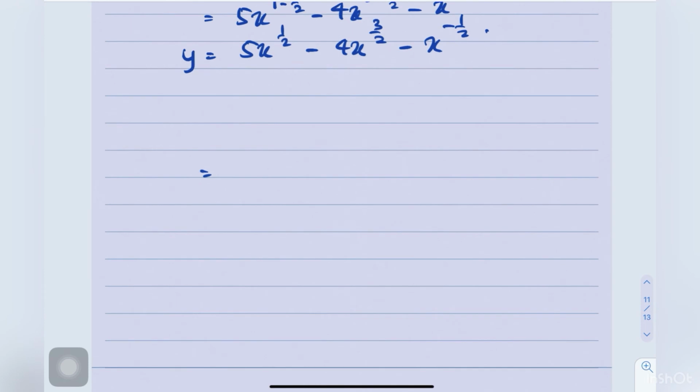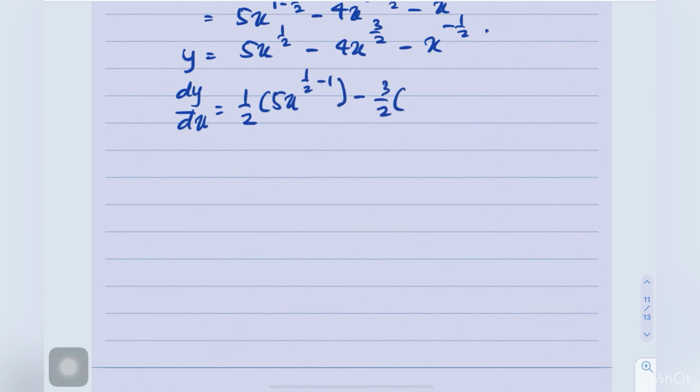This function becomes dy/dx. So here dy/dx equals (1/2)(5)x^(1/2 - 1) minus (3/2)(4)x^(3/2 - 1) minus (-1/2)x^(-1/2 - 1).